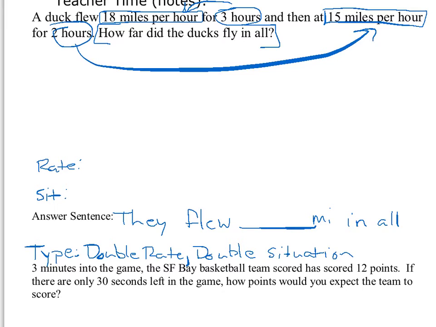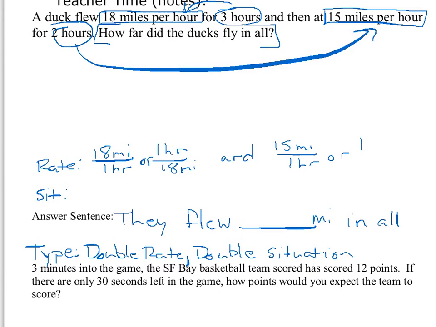All right. So we have two rates here, so I'm going to write both sets of rates. 18 miles per 1 hour, or 1 hour for 18 miles. And I've got a second rate, which was 15 miles per hour, or 1 hour for 15 miles.